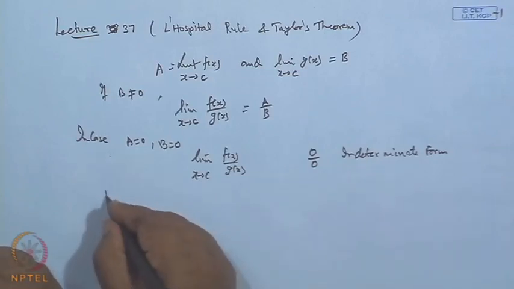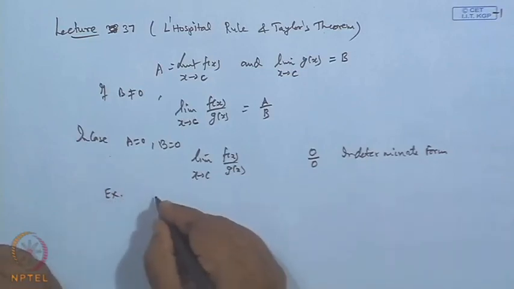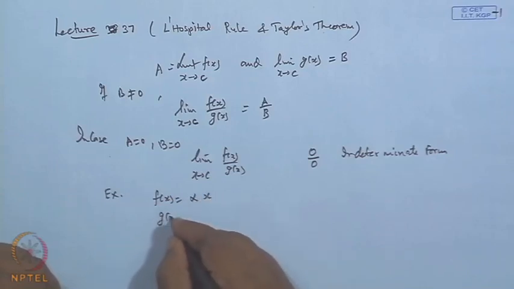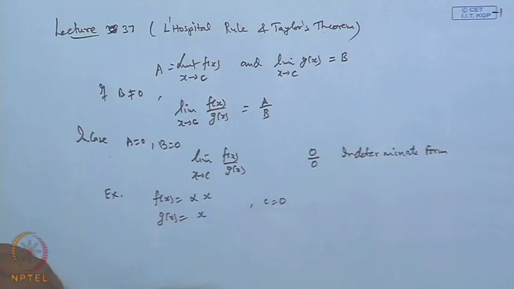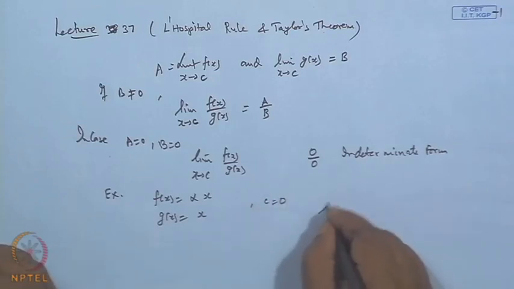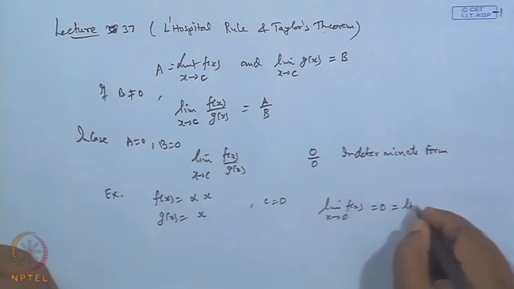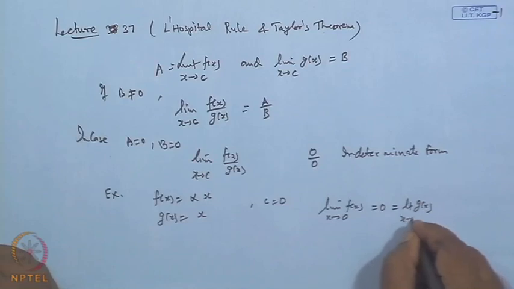For example, if we take the function f(x) as alpha times x, and g(x) as x, and choose the limit point c as 0, then obviously the limit of f(x) as x tends to 0 is 0, which is also the limit of g(x) as x tends to 0. Both are 0.